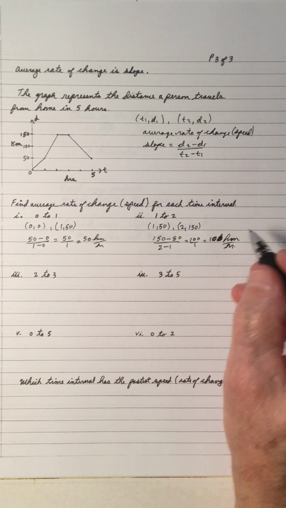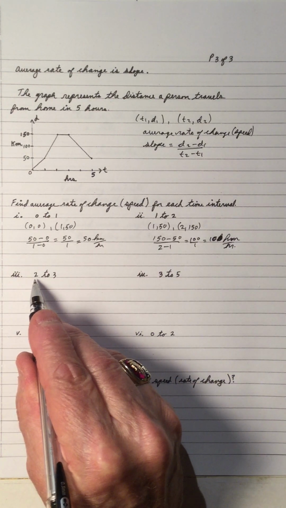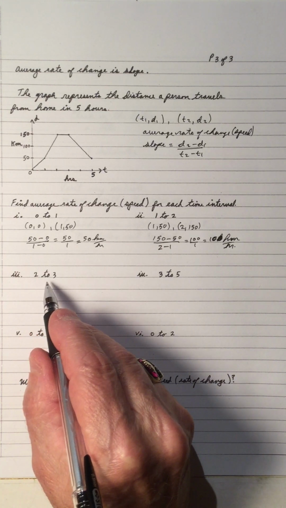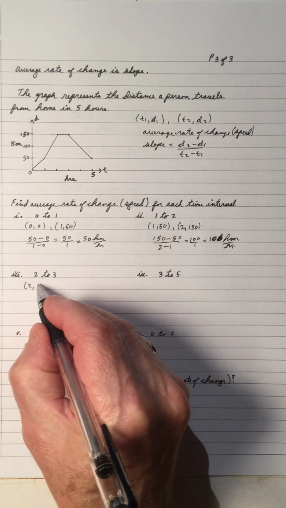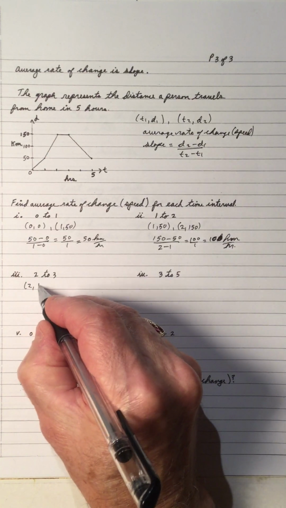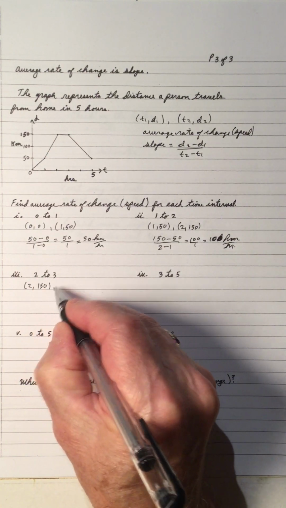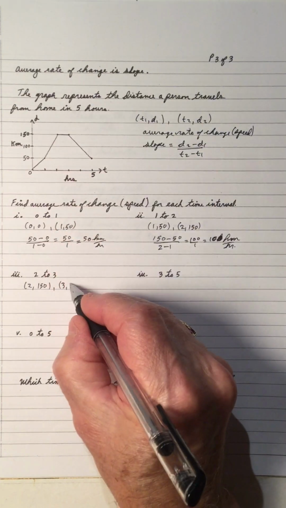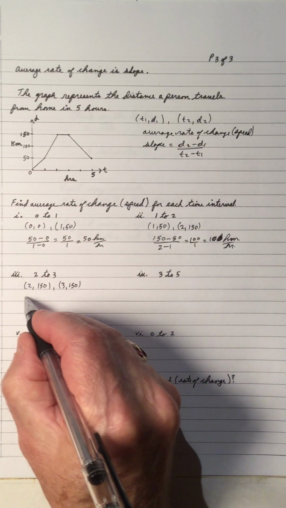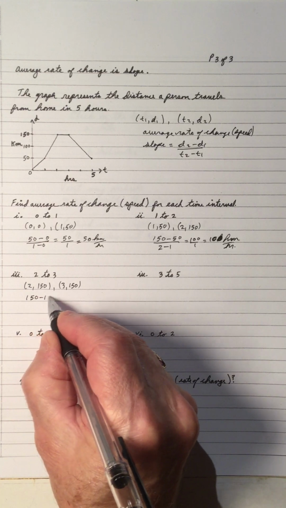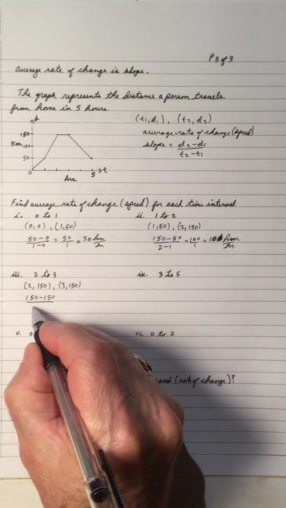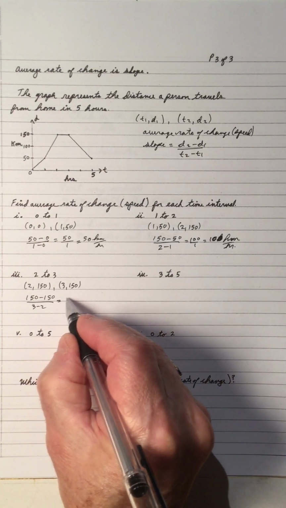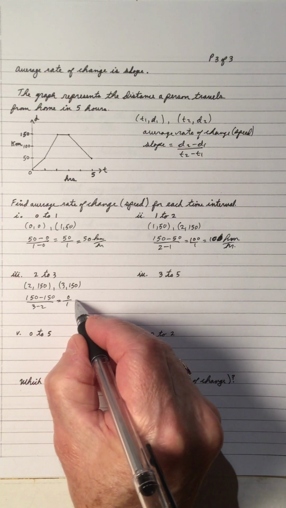And how fast did he travel between 2 and 3 hours? At 2, he's at 150. And at 3, he's still at 150. So that's 150 minus 150, and 3 minus 2, so that's 0 divided by 1.